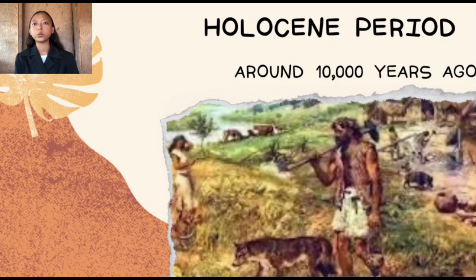Now, let's move forward to the next period, the Holocene period. By around 10,000 years ago, this evolution led to the domestication of plants and animals, resulting in permanent settlements and increased population densities.